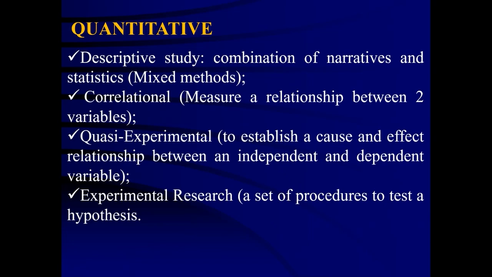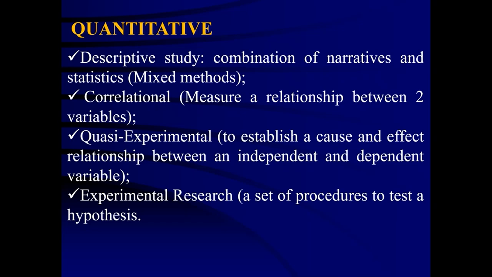And then you can also use quasi-experimental. This is to establish a cause and effect relationship between independent and dependent variables. The quasi is more related to the correlational, because you also want to establish if there is a cause or effect between the two variables in relation.